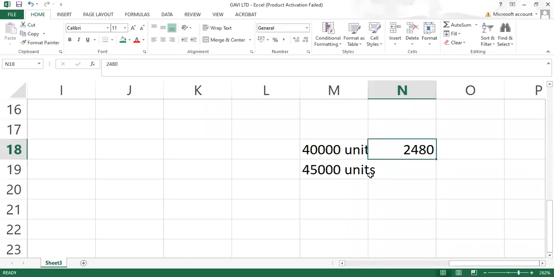No. So you get more, isn't it? How do you do it? What you normally do is the actual unit over the unit that you budgeted for, times the figure that you budgeted for. So it's just like if 40,000 is equal to 2480, how much will be for 45,000, like a ratio?